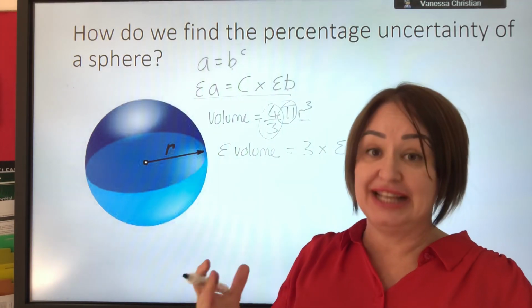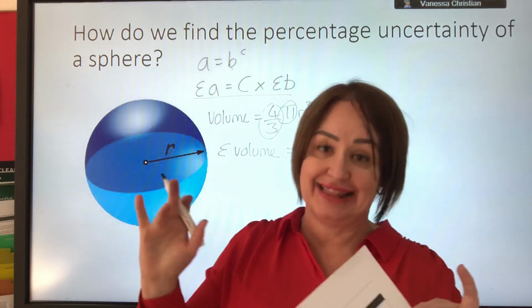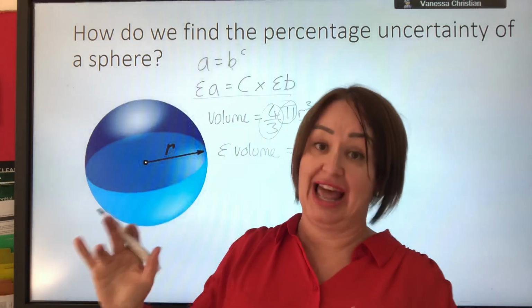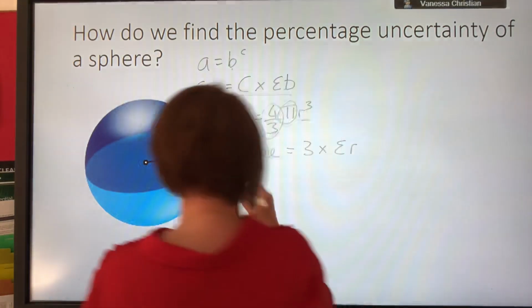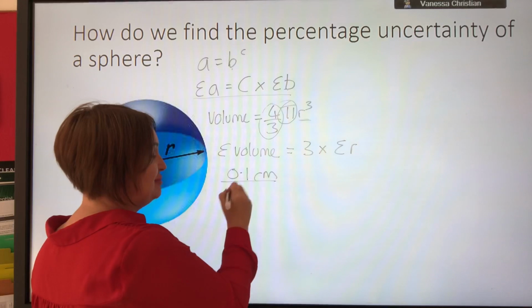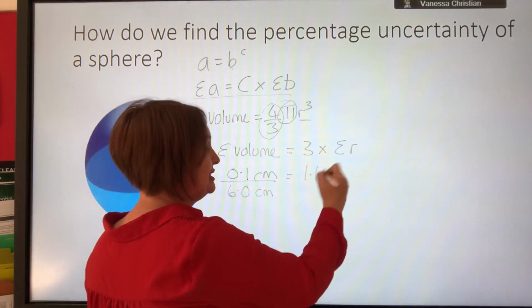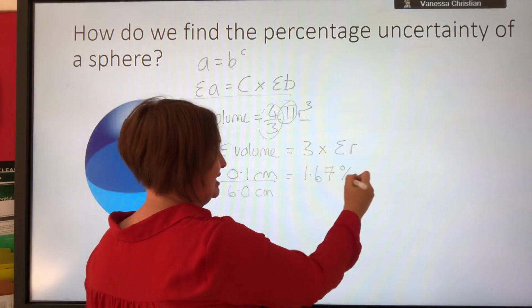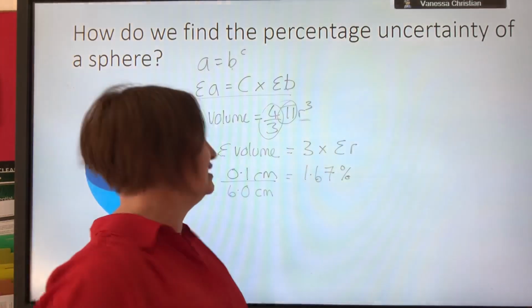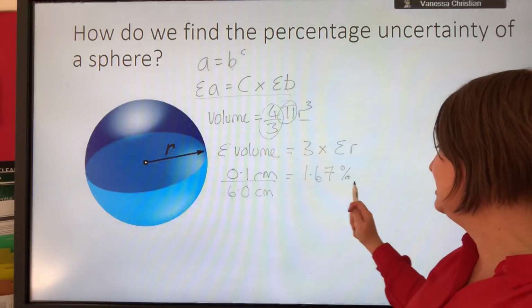To then change that into a percentage, in other words, how does that uncertainty relate to the length of just that line, which is 6 centimetres? We said we needed to go 0.1 of a centimetre divided by 6 centimetres. It gave us 1.67%. So our uncertainty for the length of the 6 centimetre radius is 1.67.